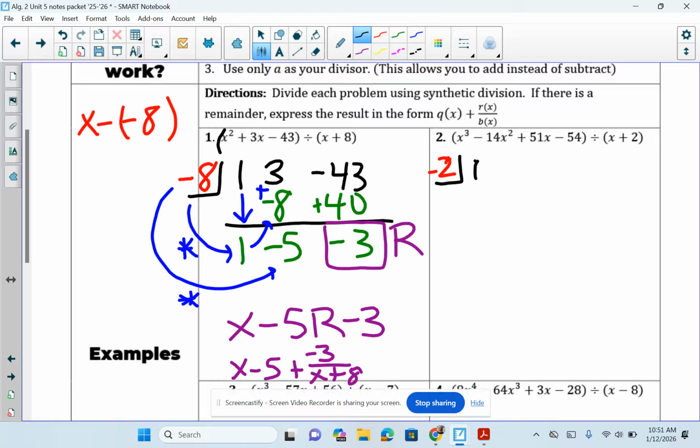How many x squareds? How many x's? How many constants? Okay, bring down, multiply, add.